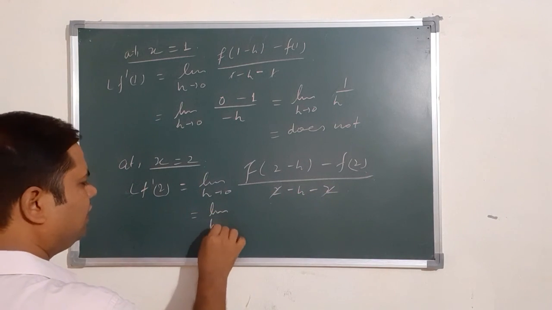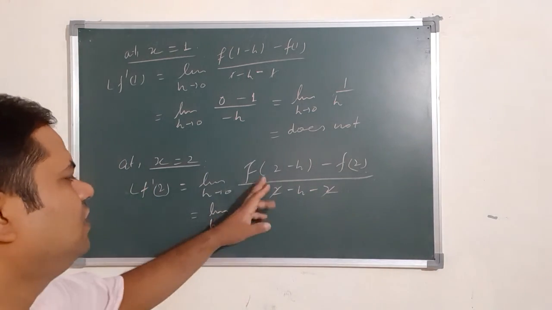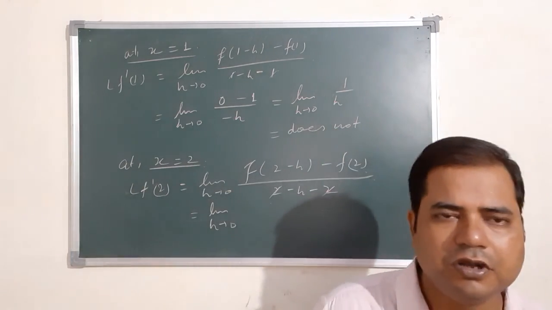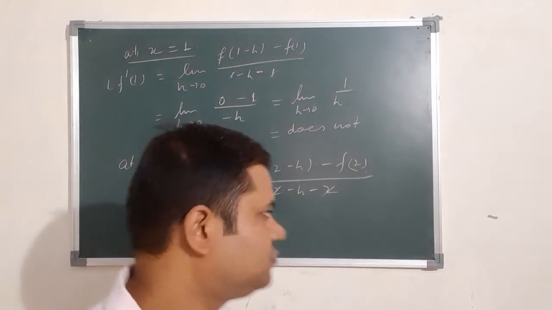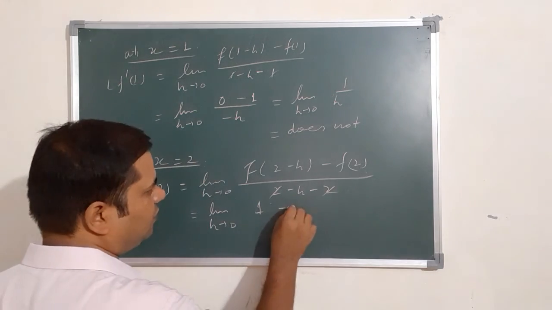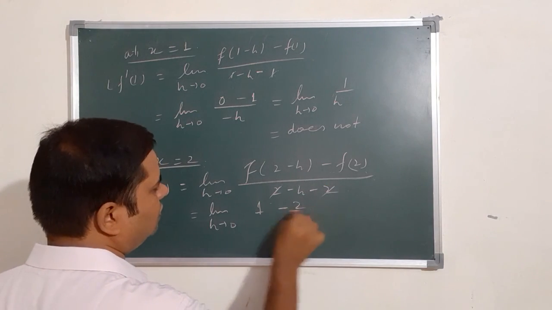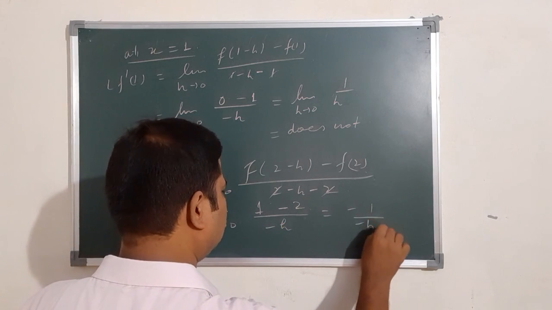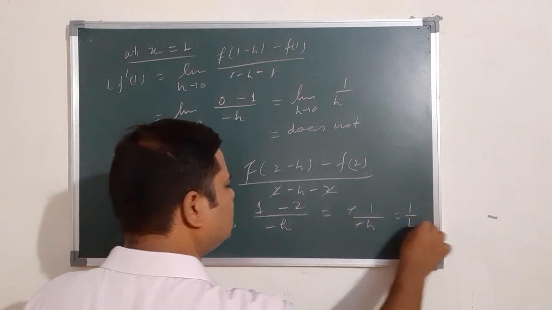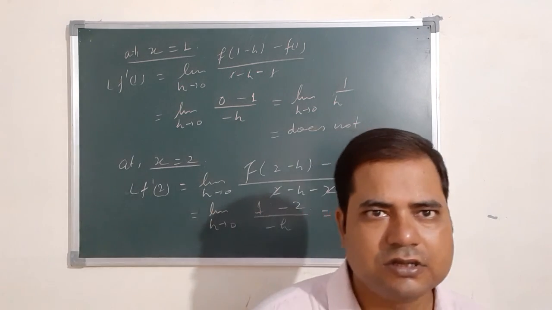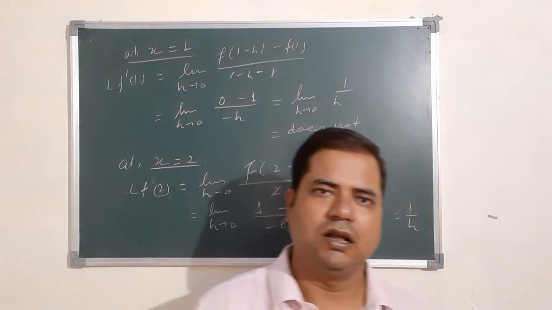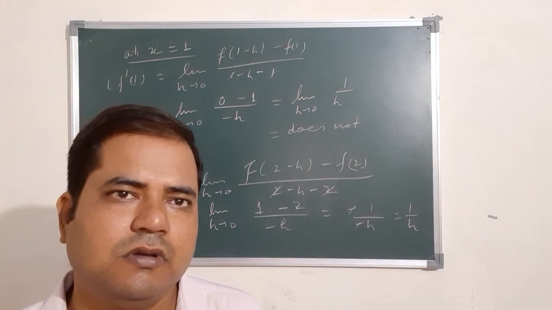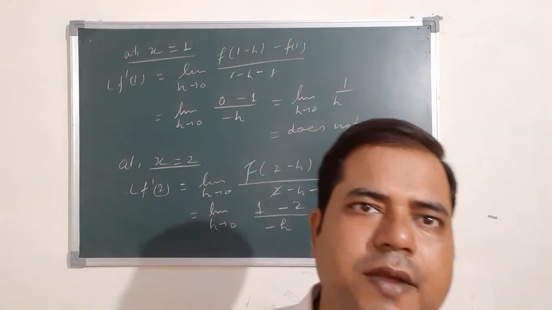So 2 minus h, the function is less than 2, an integer between 1 and 2, so this is bracket only, 1 minus f(2), f(2) is 2, and divided by minus h, this is also minus 1 upon minus h. So this is 1 upon h. So this limit also does not exist. So we can say LHD does not equal RHD, hence the function is not differentiable at x equal to 2. So thank you for today. Thank you very much.